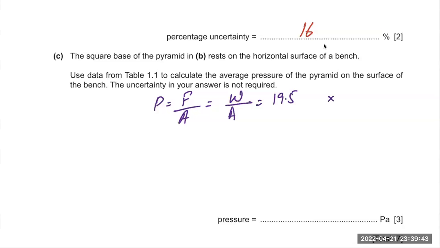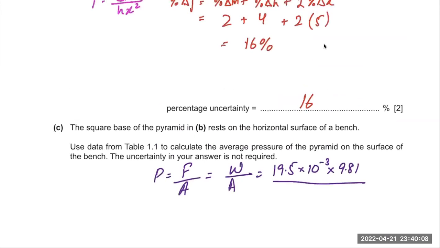19.5 multiplied by 9.81. But if you look here, they want the answer in pascals, which is an SI unit. So the quantities involved here should also be in their SI units. 19.5 grams is not an SI unit, so we'll have to convert this into kilograms. This becomes 10 to the power minus 3 upon area. What is the area?